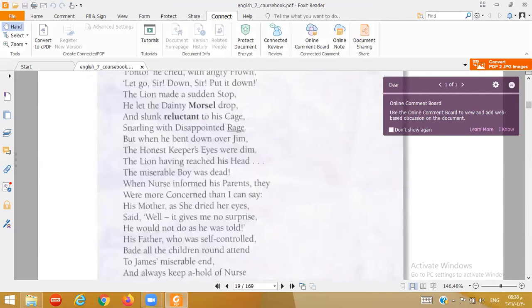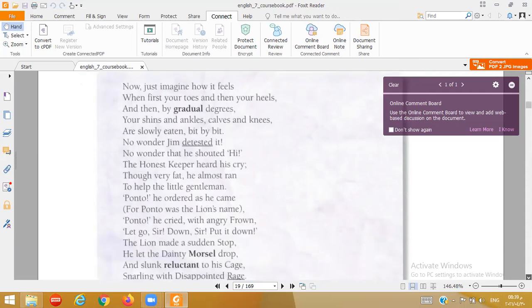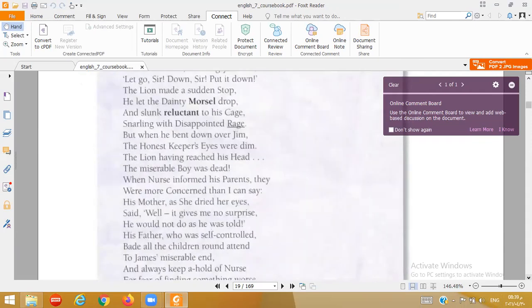What does climax mean? Climax means the moment where we have the most interesting part of the story. I mean, the most exciting part of the story and the important point.